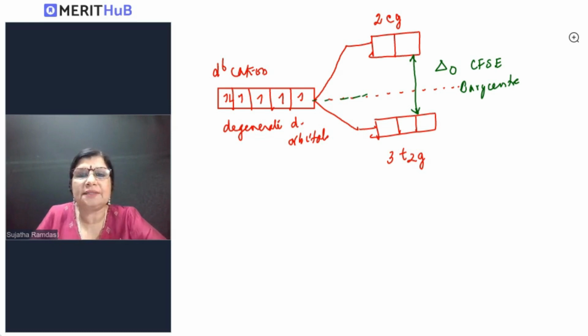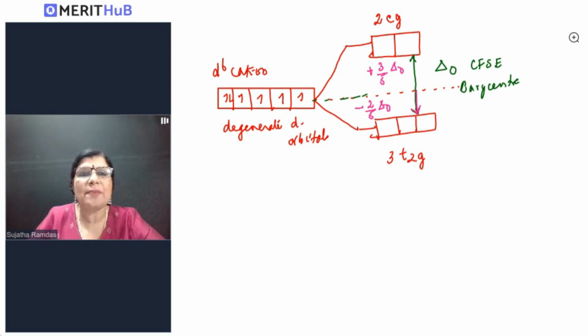This part corresponds to lower energy, so minus 2 by 5 delta O, and this part is above the barycenter, higher energy than the degenerate d orbitals, plus 3 by 5 delta O. So 3 by 5 plus 2 by 5 is 5 by 5, so delta O.